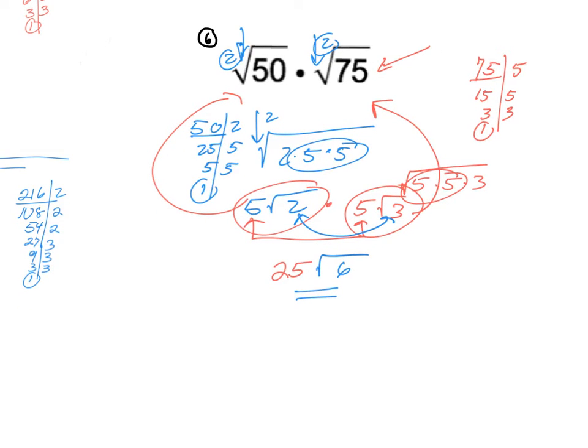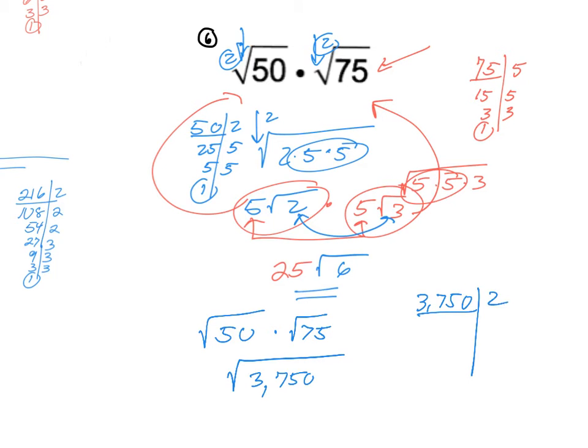The other way would have been to combine square root of 50 times square root of 75 into one humongous root. 50 times 75 is that big number we talked about, 3,750. 3,750 can be divided by 2 to give 1875. That can be divided by 5 to be 375.